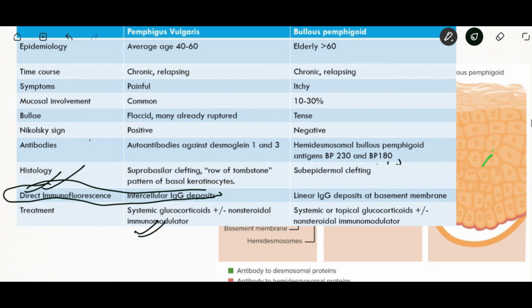We can use indirect immunofluorescence, or ELISA can be used. What is the treatment? It is a systemic disease. Therefore, treatment would primarily consist of systemic corticosteroids. Usually prednisolone is given, or we can give immunosuppressive drugs or azithromycin.